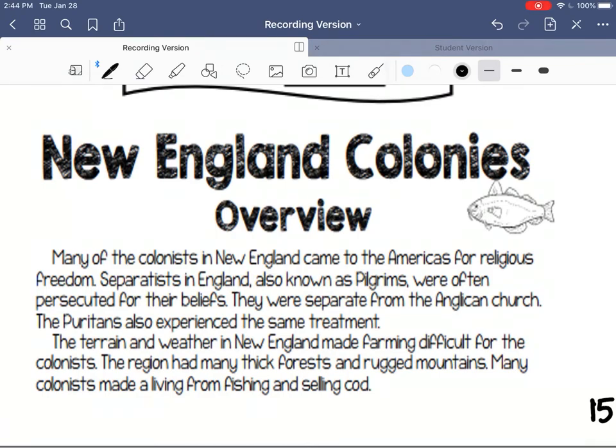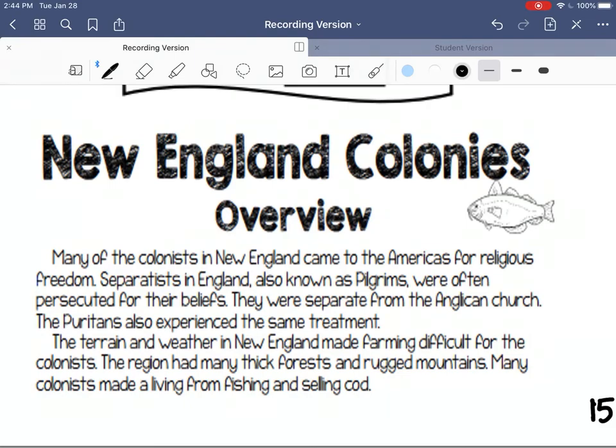They were separate from the Anglican Church. The Puritans also experienced the same treatment. The terrain and weather in New England made farming difficult for the colonists. The region had many thick forests and rugged mountains. Many colonists made a living from fishing and selling cod.